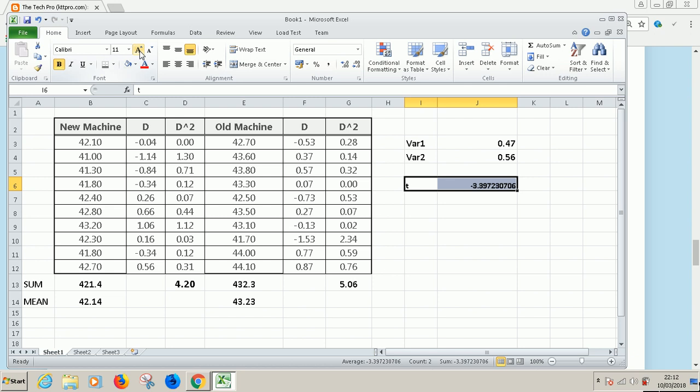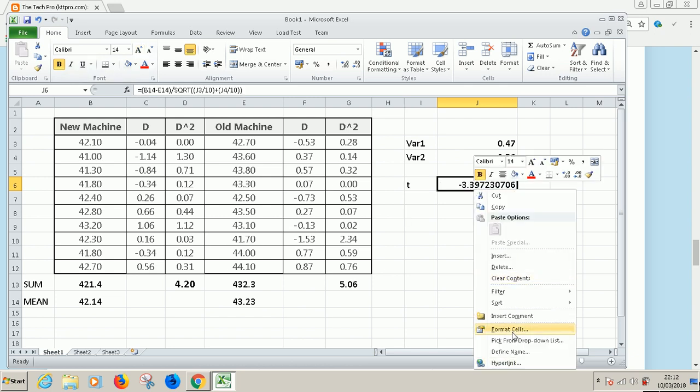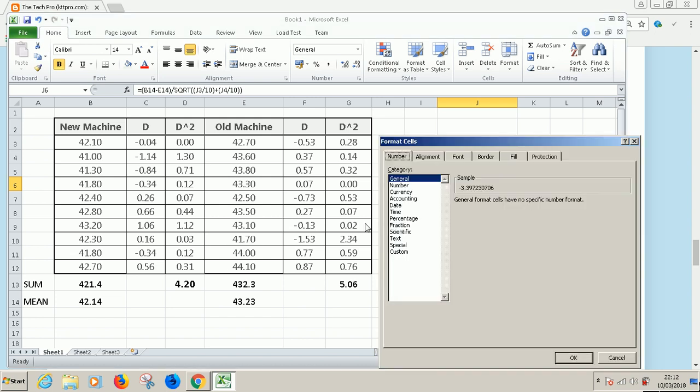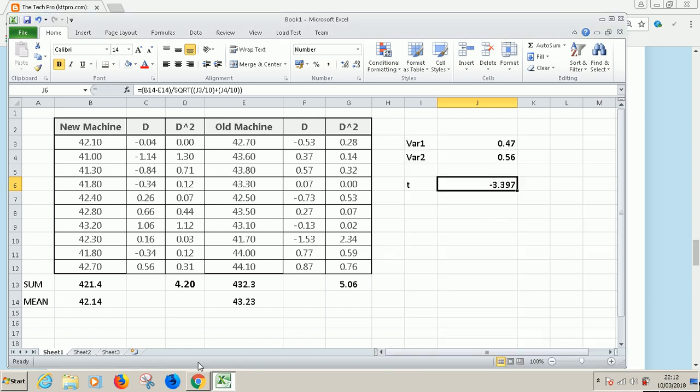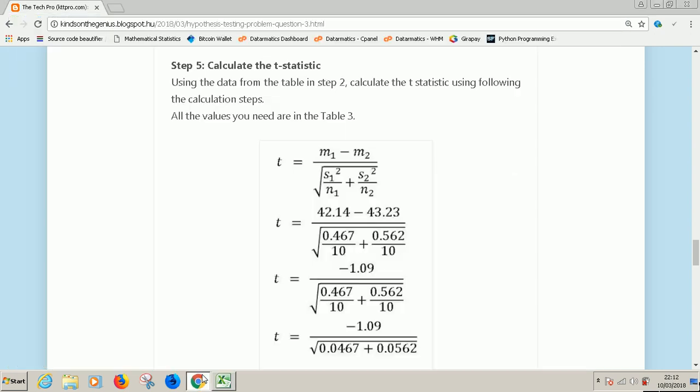So try to do this by yourself to make sure you get the right answer. So I'm going to format it to be 3 decimal places at this time. Number, I'm going to use 3 decimal places. Alright, so we have 3.397 to be the t-statistic. We call it the calculated value of t, or the absolute value of t.